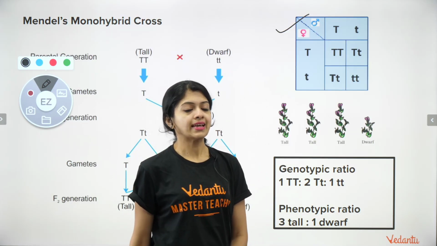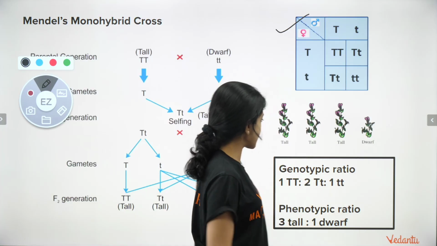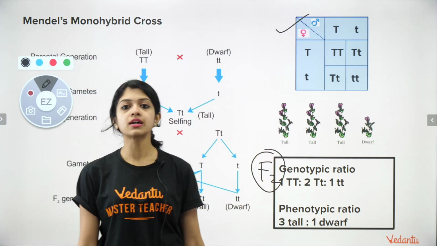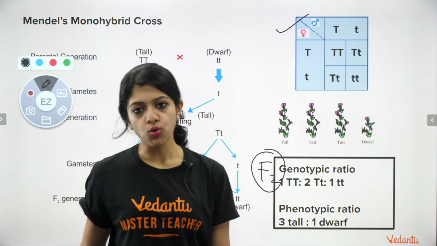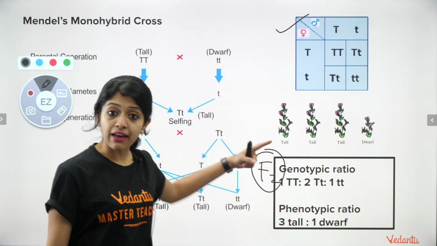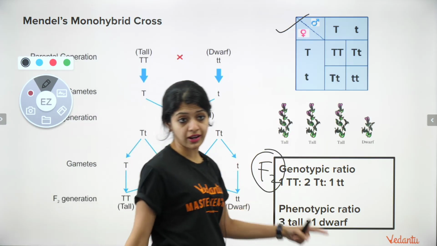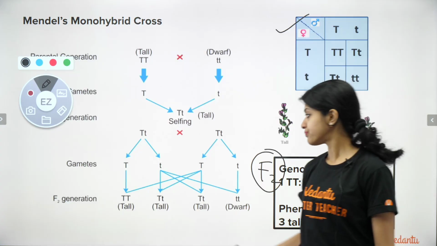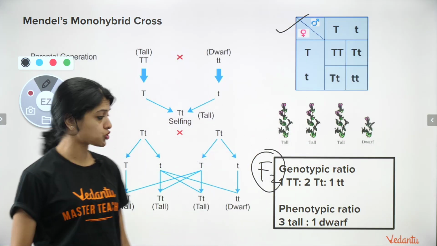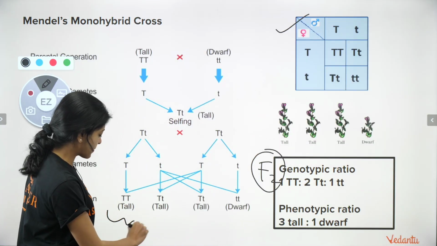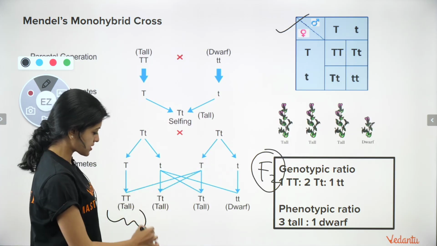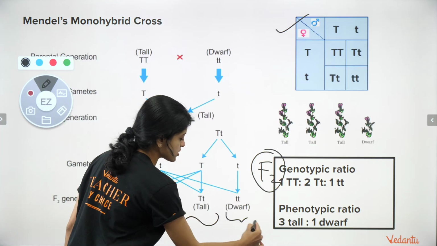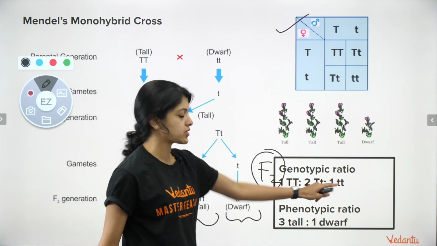Okay. Yes. And this is the F2 ratio that you can see if you worked out Mendel's monohybrid cross. In the F2 generation, or the second filial generation, as you can see here, you would see the genotypic ratio to be 1 capital T capital T to 2 capital T small t to 1 small t small t, which is 1:2:1.